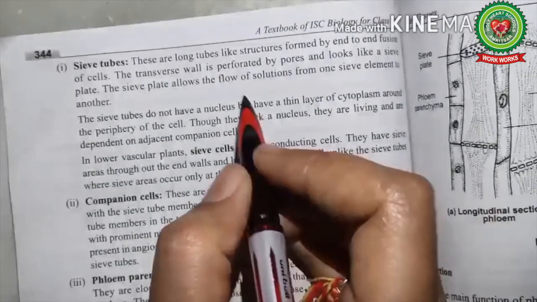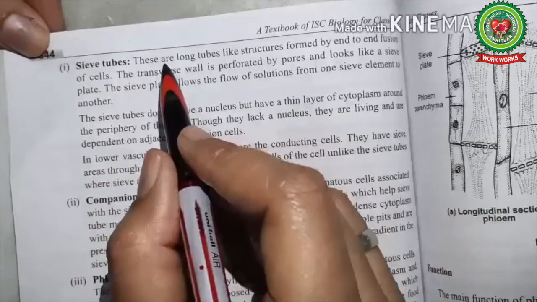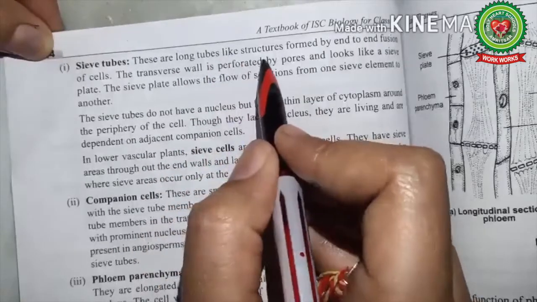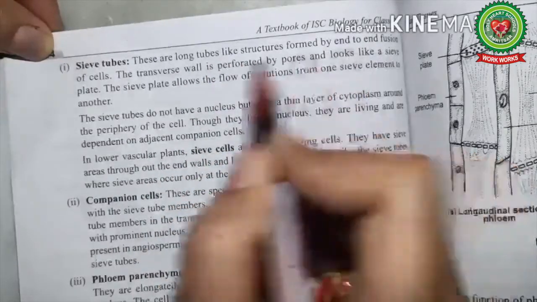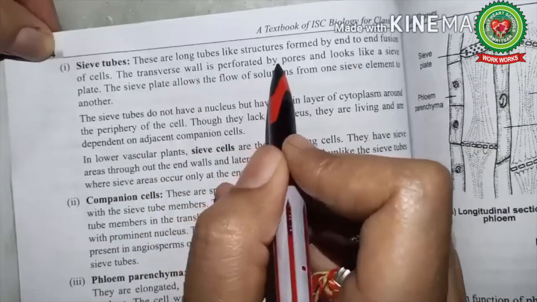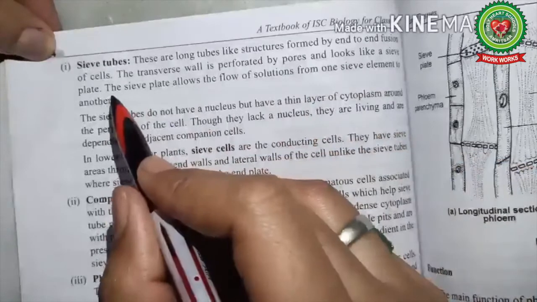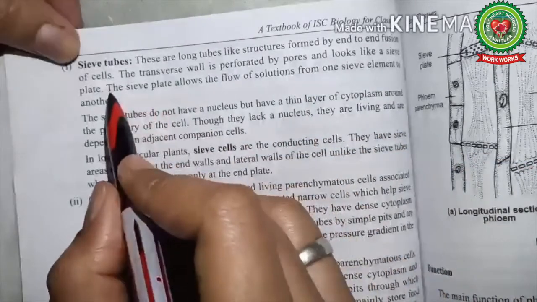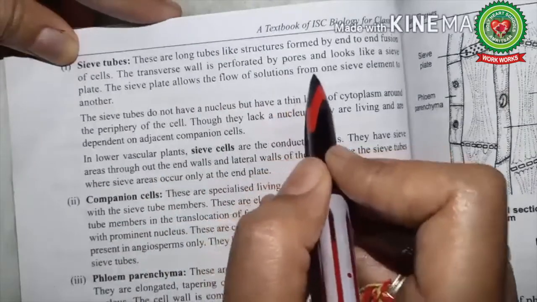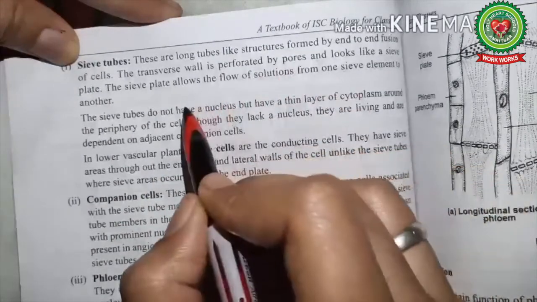Now sieve tubes, these are the long tube-like structures formed by end-to-end fusion of the cells. The transverse wall is perforated by pores and looks like a sieve, and it is also called as sieve plate. The sieve plate allows the flow of solution from one sieve element to another.